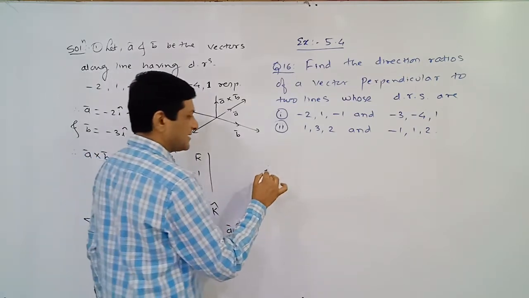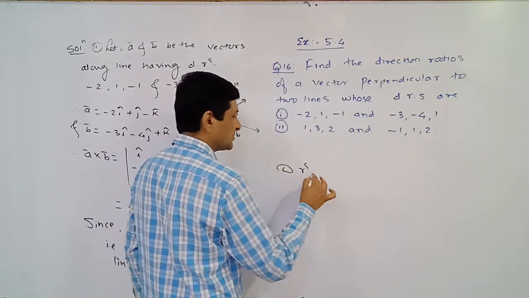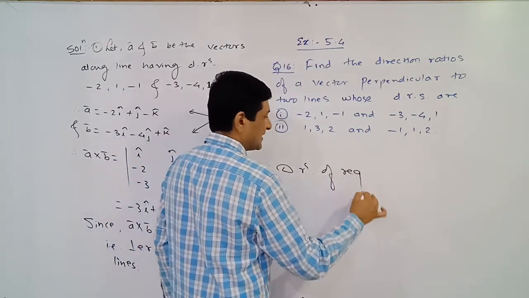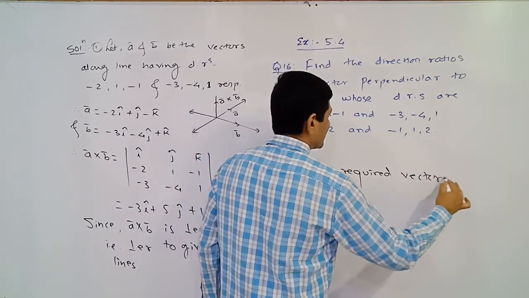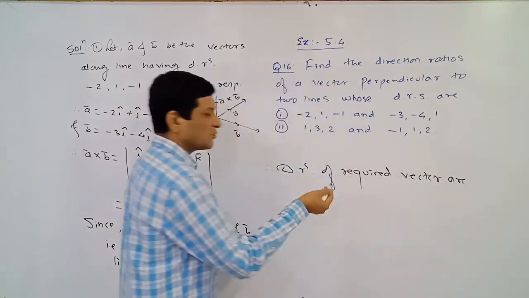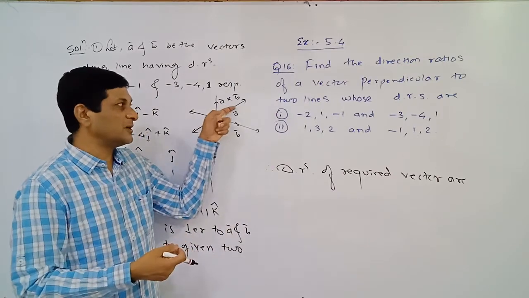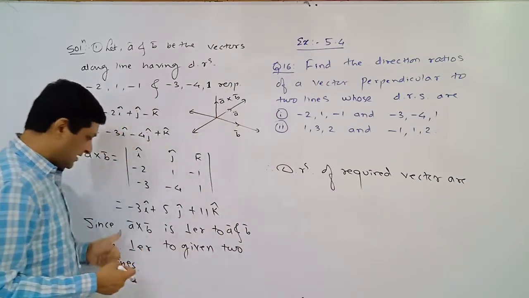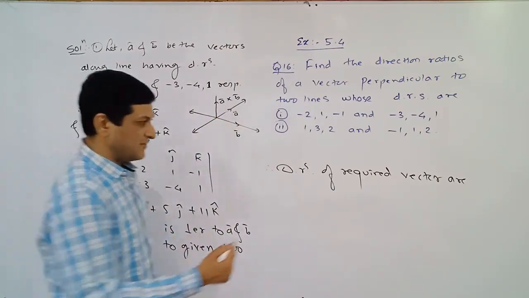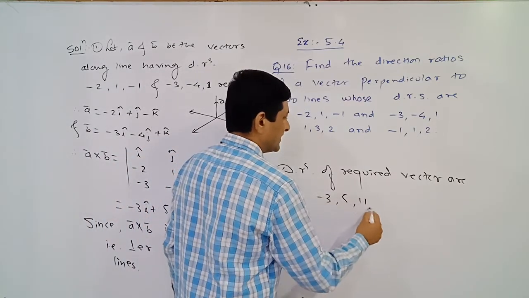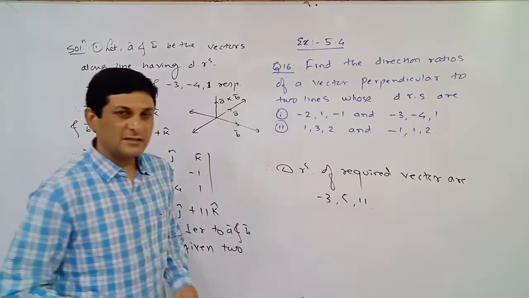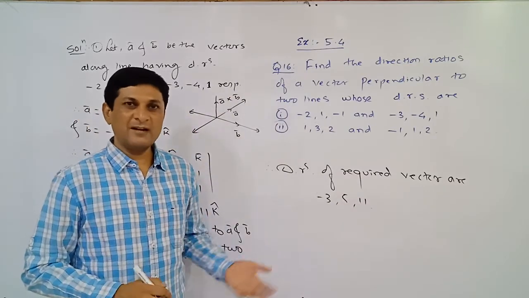Therefore we can say that the direction ratios of the required vector are, required vector means that vector which is perpendicular to both the lines, minus 3, 5, 11. In this way we have got the direction ratios of the required vector.